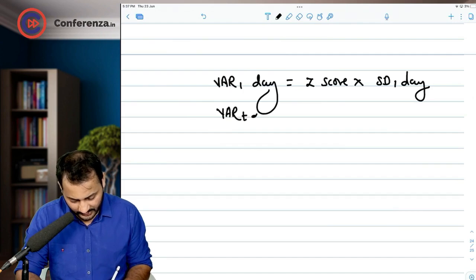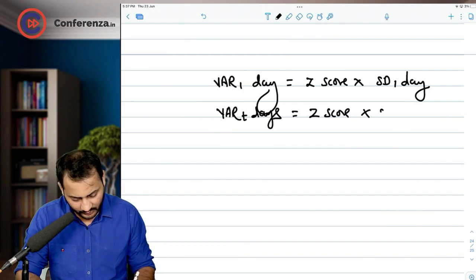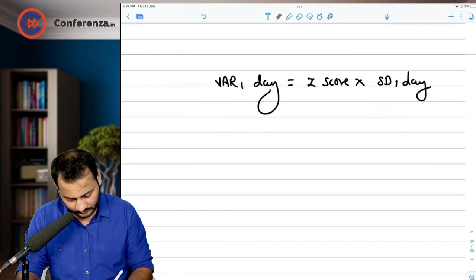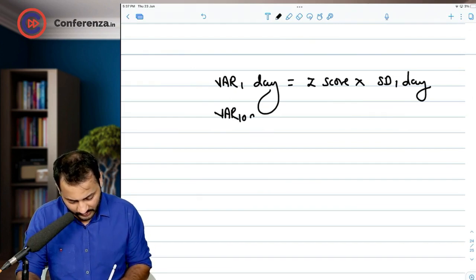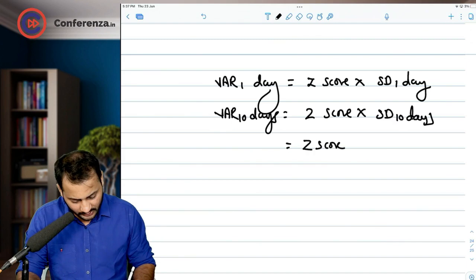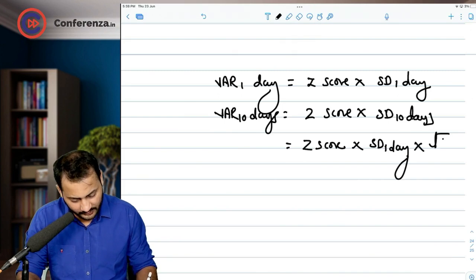VAR for t days is equal to z score into standard deviation, or let's say 10 days, we will just write it directly. VAR for 10 days is equal to z score multiplied by standard deviation of 10 days. And in order to convert standard deviation of 10 days, we can manipulate the formula: z score into standard deviation of one day multiplied by under root t.